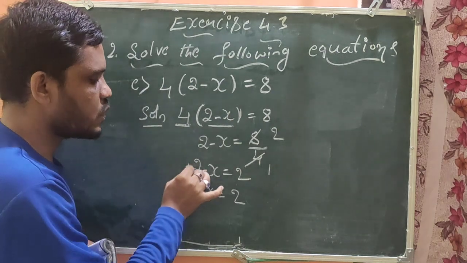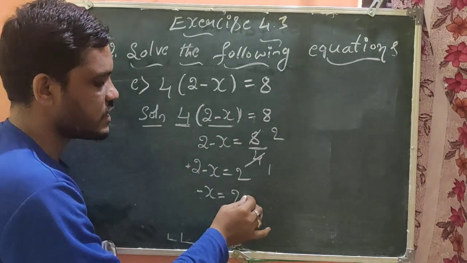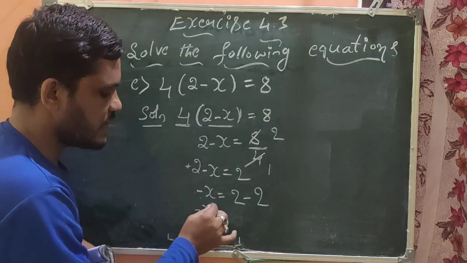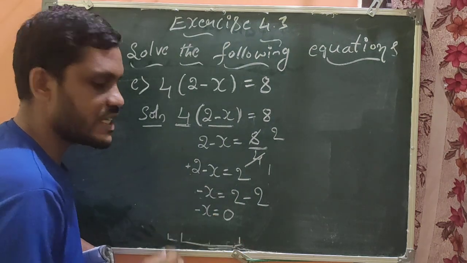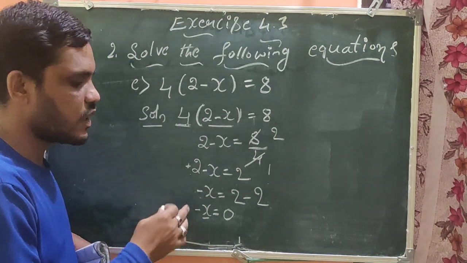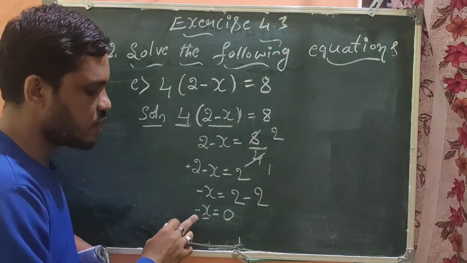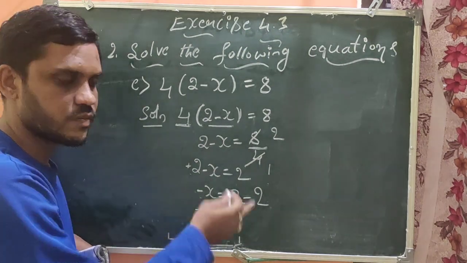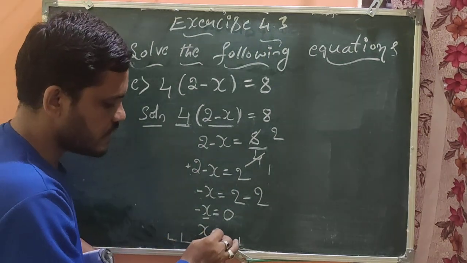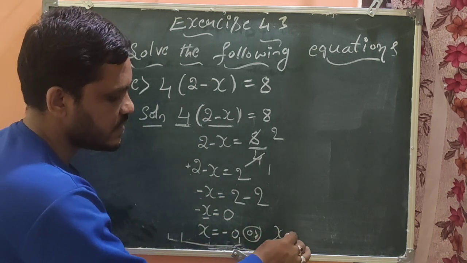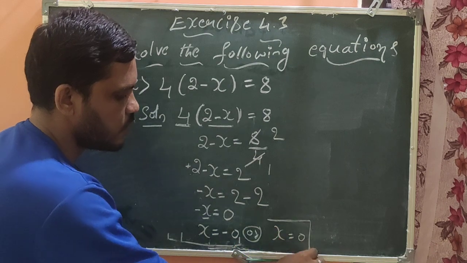This plus 2 goes from the LHS side to the RHS side, which means it becomes minus 2. Therefore, minus x is equal to 2 minus 2, which is 0. We always want the variable in positive sign. We don't want it in negative sign. That's why we have to shift this minus 1. Then x is equal to minus 0, or x is equal to 0.